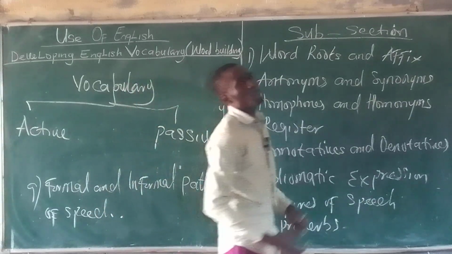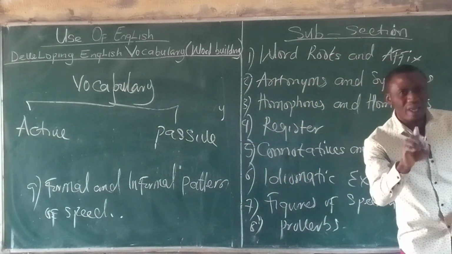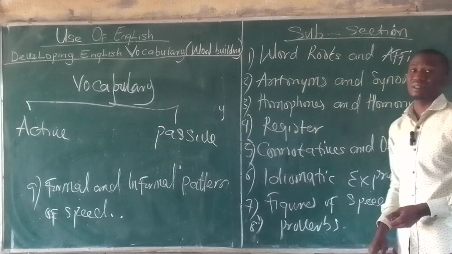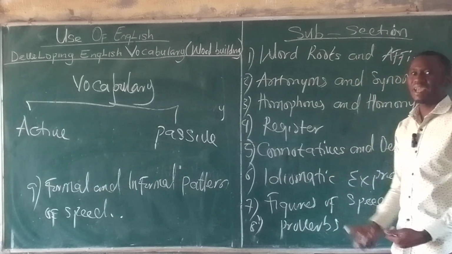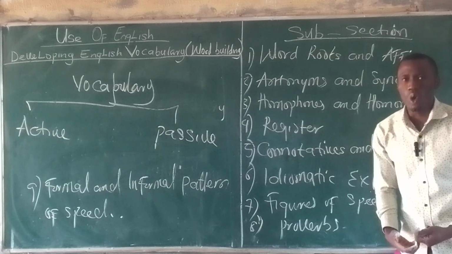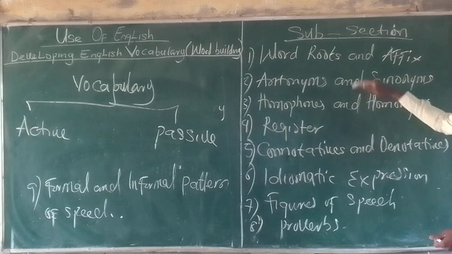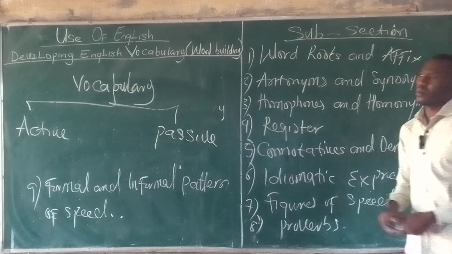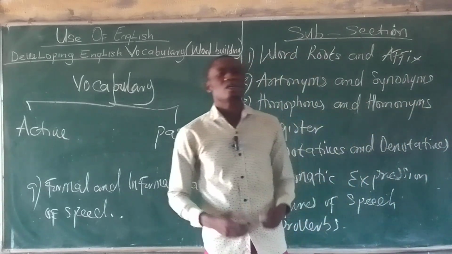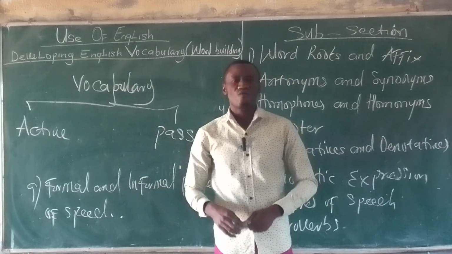So, if you want to learn vocabulary, these are subsections of topics that we'll be looking at in our series of developing English vocabulary, known as word building. We're going to be taking it one after the other. So, this is just an introduction to this video on developing English vocabulary.